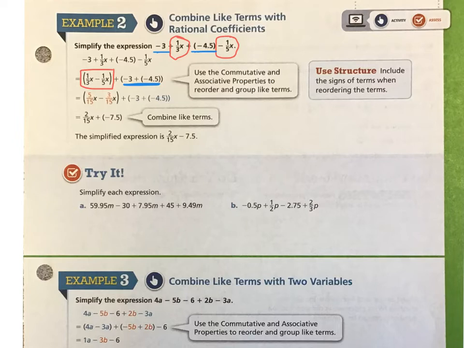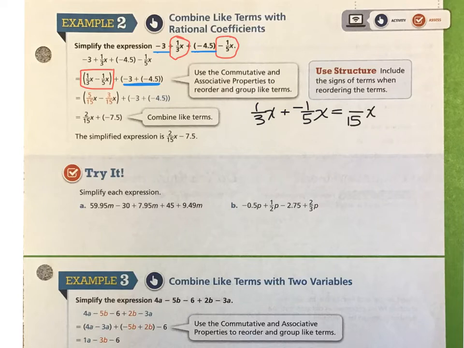So I need to first do the 1/3 x plus a negative 1/5 x. Okay, I changed that subtraction to adding the opposite. And of course, I need to get a common denominator. The common denominator is going to be 15.